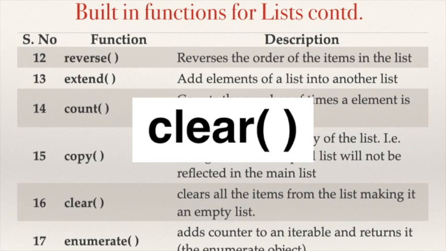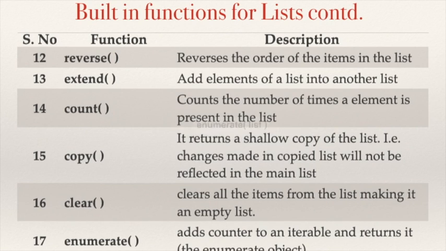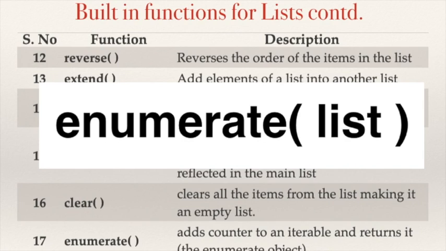The clear function is used to clear all elements from the list to make it empty. The enumerate function is one of the most important functions related to the list sequence data type, which associates an enumerated integer value with all list elements and returns a list of tuples containing the enumerator and the list element.